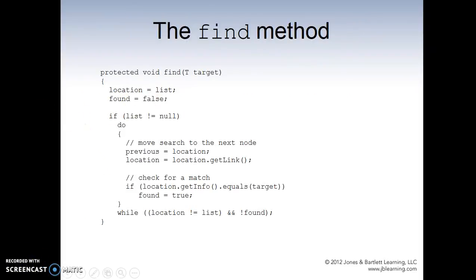Find, like contains, right? So we pass in the target. Same thing, we have to iterate through the list, so that's why we check if the list is not empty. Now we set the boolean, if we found it returns true, right? Oh, this one actually is not returning, so we use that boolean to stop. Once you found it, you can stop.